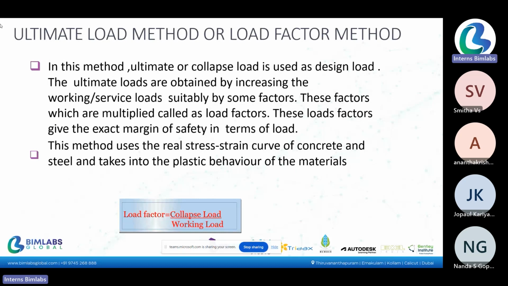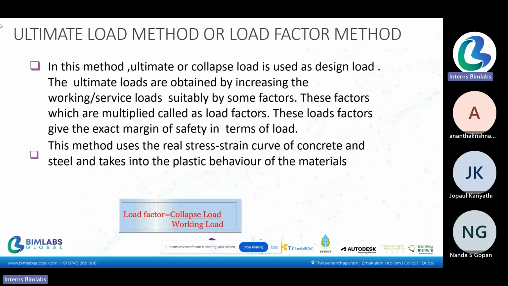These factors which are multiplied are known as load factors. These load factors give the exact margin of safety in terms of load. This method uses the real stress strain curve of concrete and steel and takes into account the plastic behavior of the material.